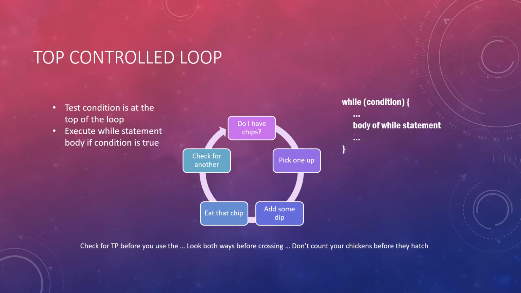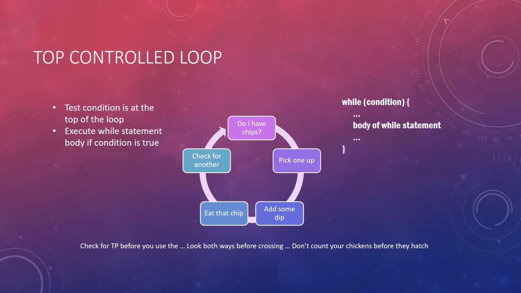We have a condition of checking to see if I have chips. If I do, I'll pick one up, add some dip, eat that chip, check for another. Do I have them? Pick one up. And so I can keep doing this looping mechanism. But my test condition, remember, is controlling whether or not I do each iteration of my loop.